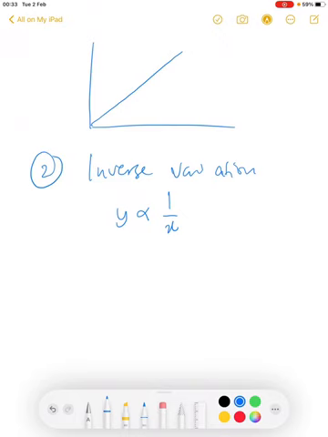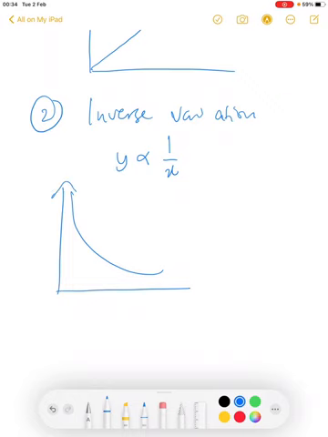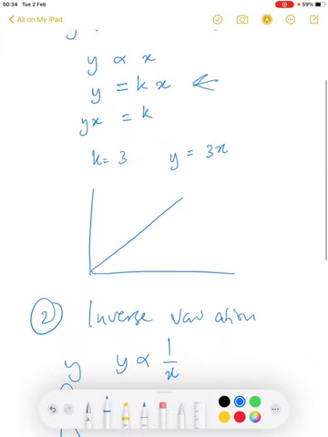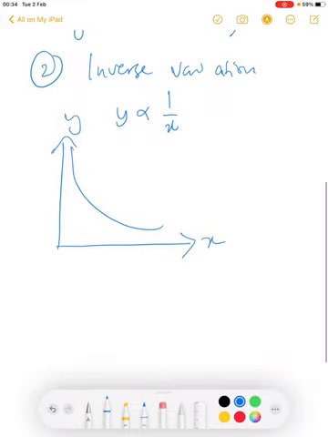Here the graph of y against x is a reciprocal. It's a hyperbola, y versus x. Just now I forgot y x 0. So inverse variation is like this.